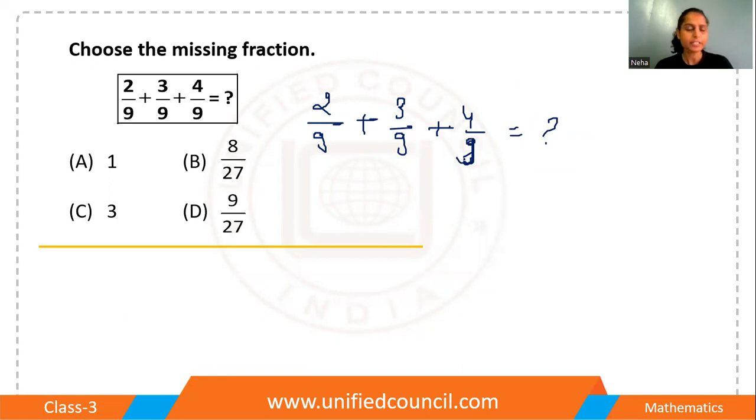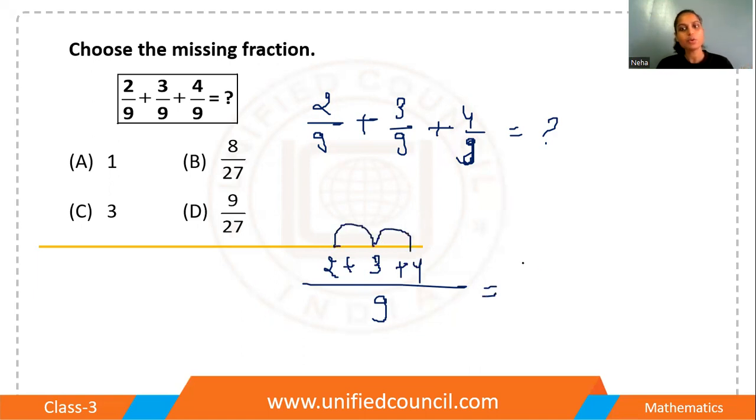So, my dear students, as we can see that in the denominator we have 9, 9 and 9. Right? So what you will do? Just write the 9 only one time. Correct? And I have different numbers in the numerator. So just add the numbers in the numerator. Clear? So 4 plus 3, 7. 7 plus 2, 9.